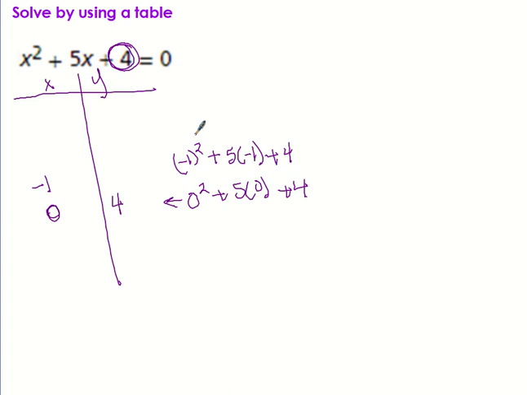Okay, so -1 squared is 1. 5 times -1 is -5, and then plus 4. So 1 plus -5 plus 4. I feel like I did that wrong. 1 plus 5 times -1 plus 4. Yeah, we're good. That actually did get me my 0.